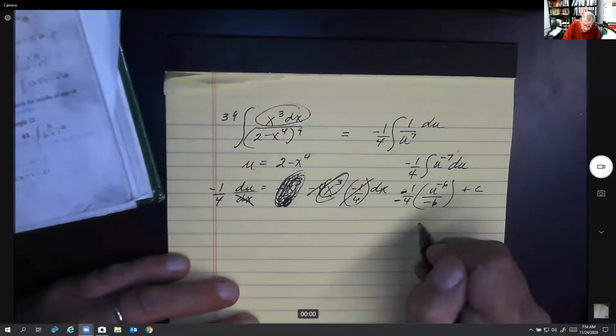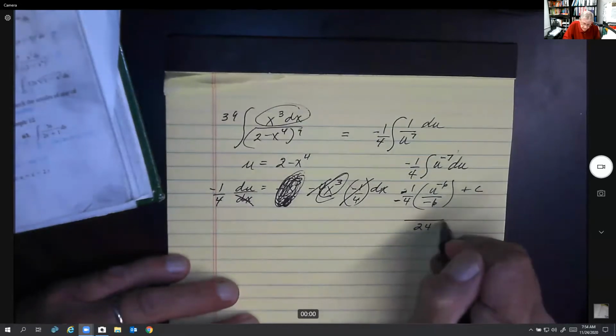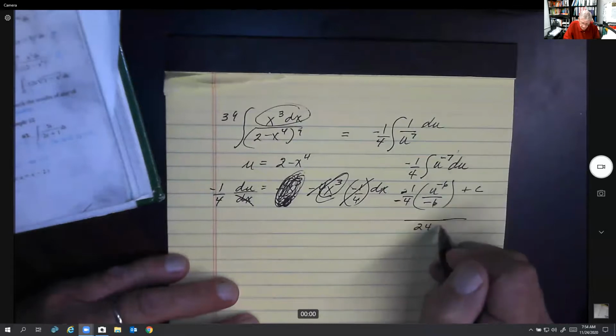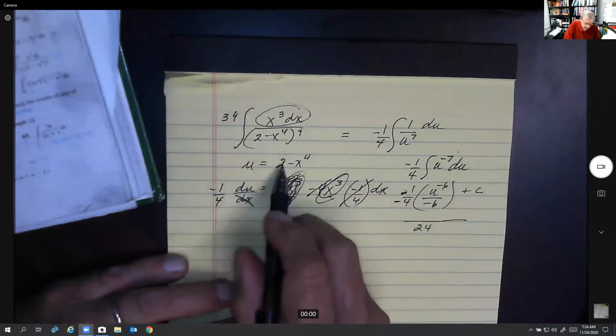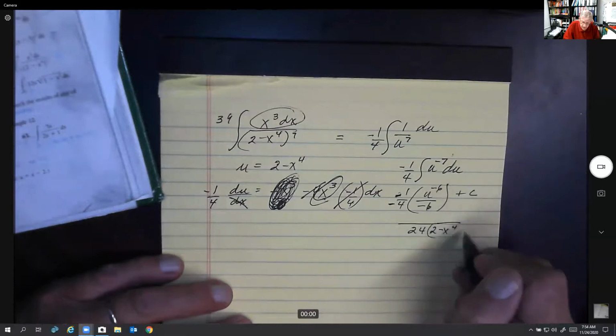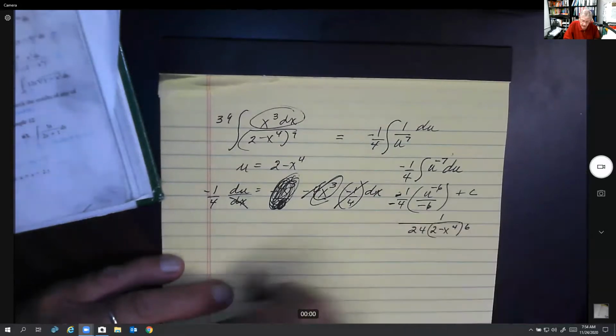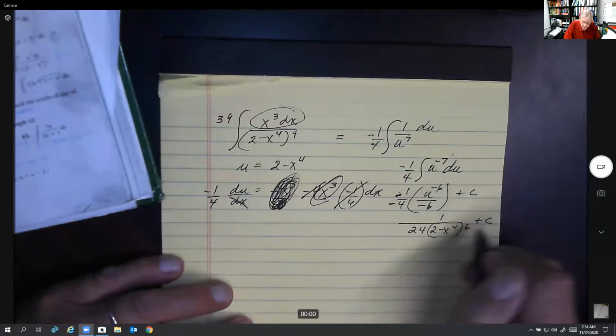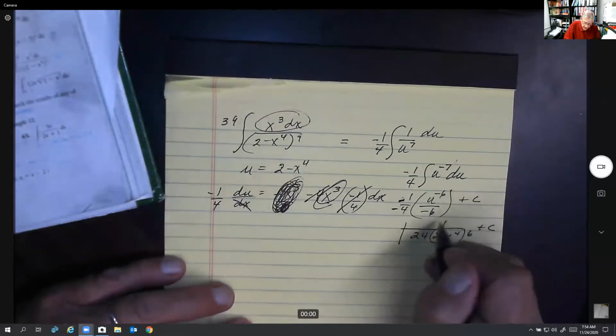And we could even bring this down if we wanted to. This would be 1 over 2 minus x to the 4th to the 6th power, plus c. Let's see if we ended up with the right answer.